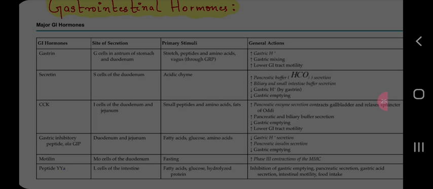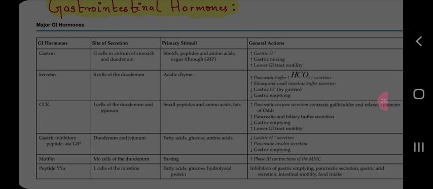Gastric inhibitory peptide, or GIP: duodenum and jejunum. Stimuli are fatty acids, glucose, and amino acids. It decreases gastric H+ secretion, increases pancreatic insulin secretion, and decreases gastric emptying.